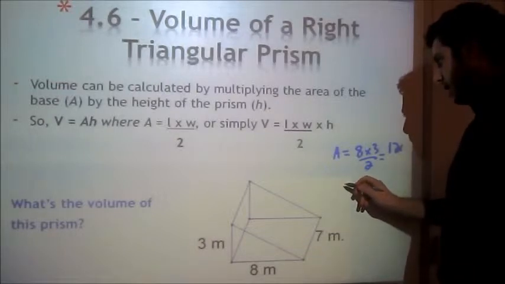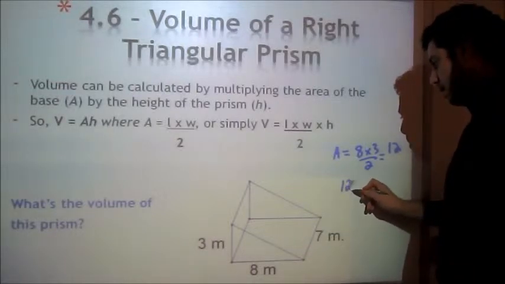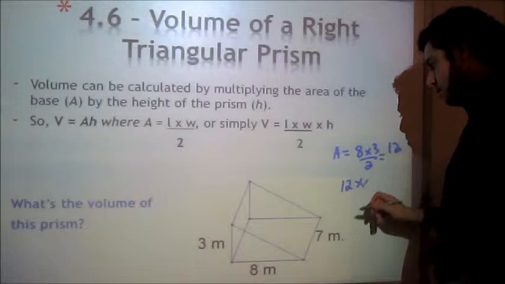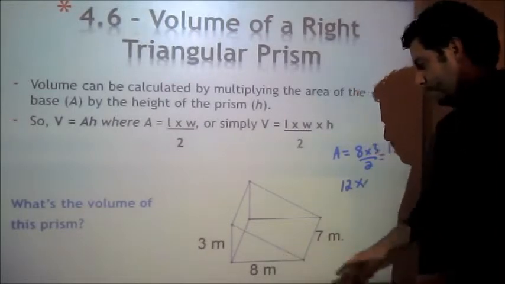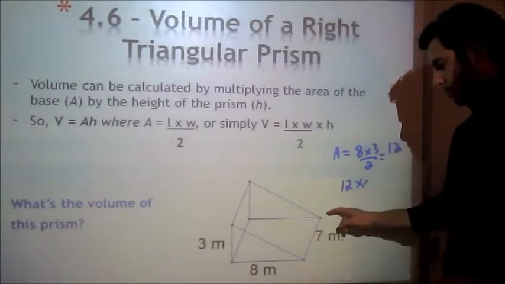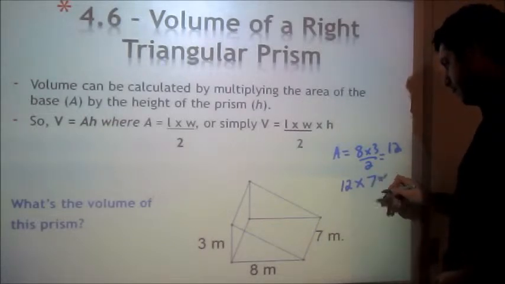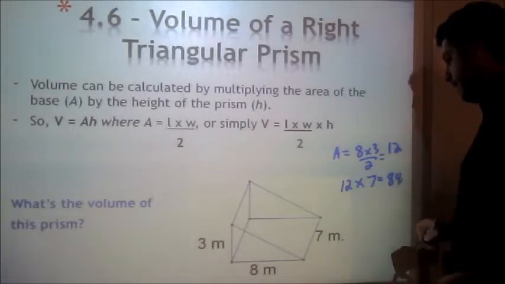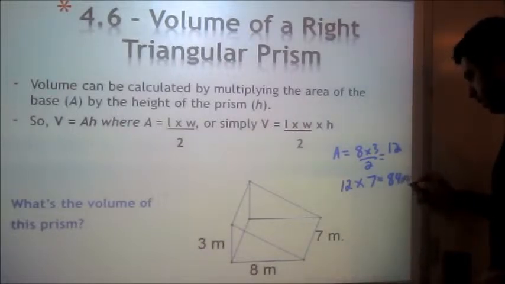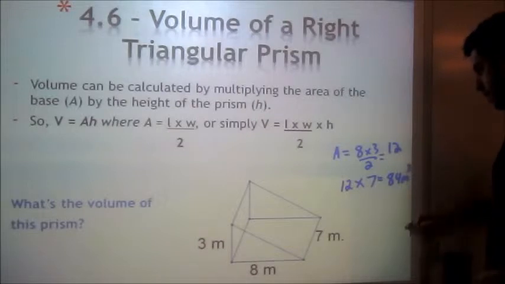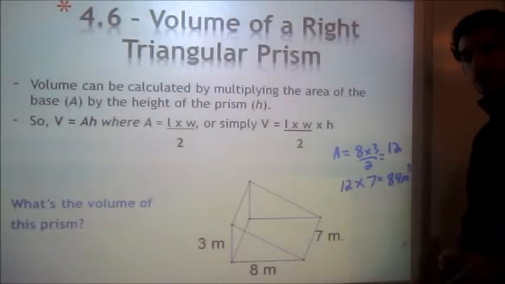And then we would take that and multiply that by the height of the prism, which would be this dimension here, 7. 12 times 7 would be 84. So the volume of this prism is 84 cubic meters.